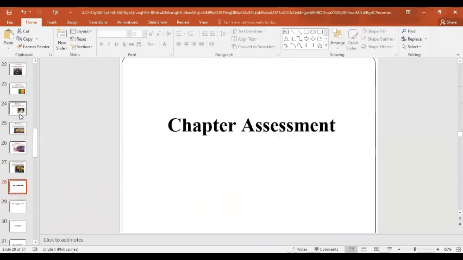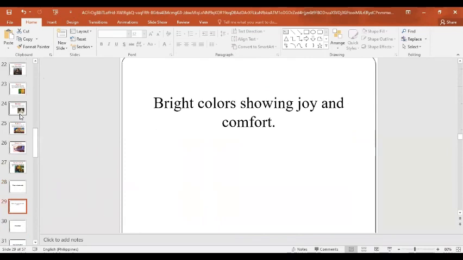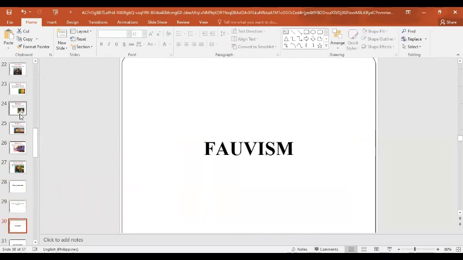So I am going to give you the keywords. Tapos try lang natin mag-answer sa isip natin. First, bright colors showing joy and comfort. So clue, one of the ways of presenting the subject. So correct answer, we have Fauvism.